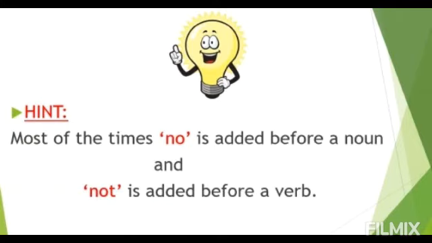Okay, we'll see some examples. Then only you can easily understand. Yes, Reena is a beautiful girl. This is a positive sentence. We can make it negative by adding not. Reena is not a beautiful girl. This one will be negative.